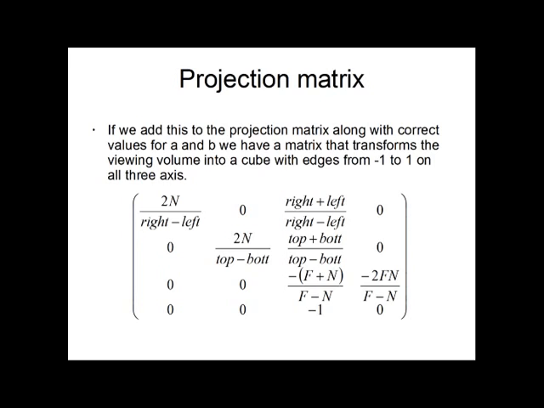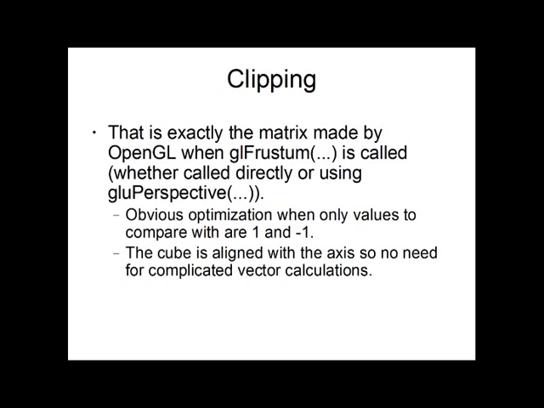And then it scales the x and y coordinates on the near plane so that the window that we're looking at is normalized and centered, so that the values that we're interested in range from -1 to 1. We will get values beyond -1 and 1, but those values will be clipped away. So we're basically setting up the clipping volume so we can always clip at -1 and 1 in all 3 dimensions. This projection matrix is simply exactly the matrix that OpenGL builds when we call glFrustum.